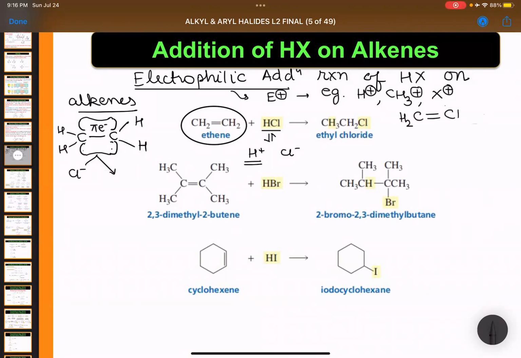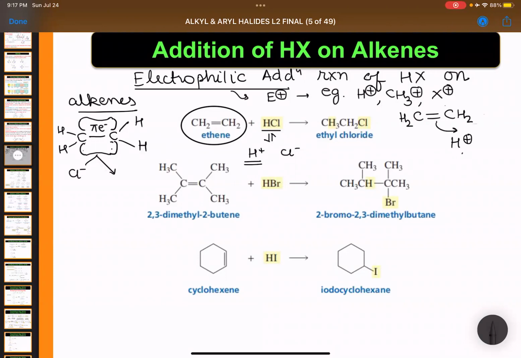That's why it is known as electrophilic addition reaction, because the electrophile attacks and then the addition starts. That starts with the attack of the electrophile. So H plus will come here and pull the pi electron density. The pi electron density shifts like this as H plus comes in.